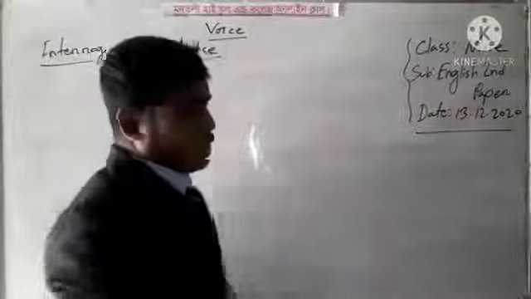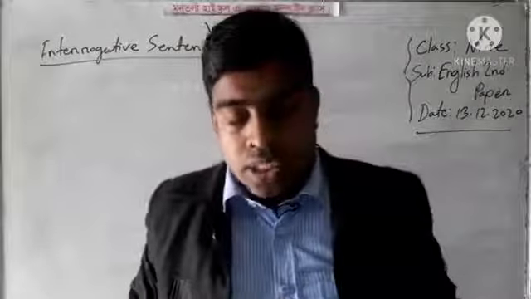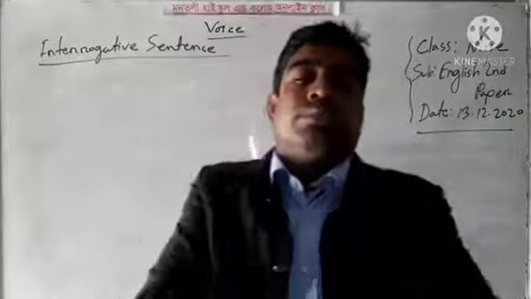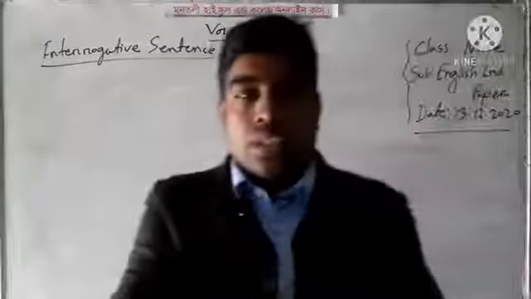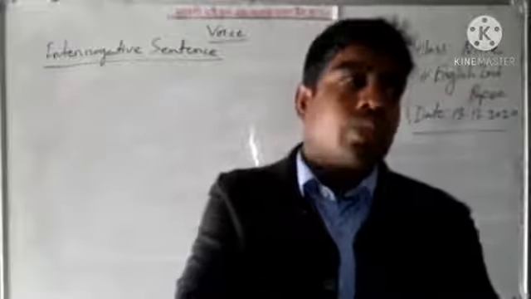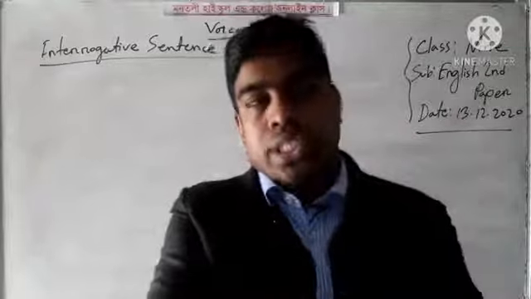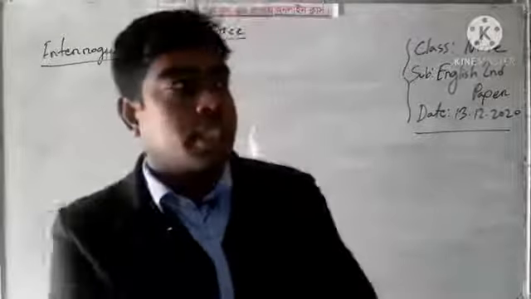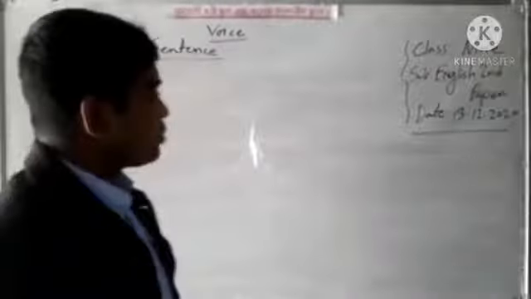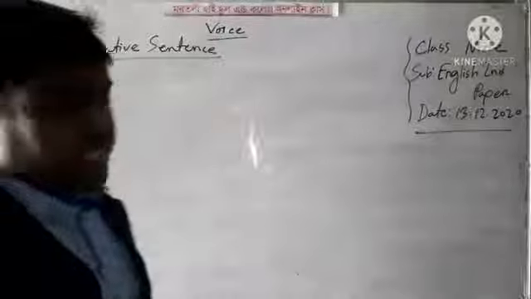Today I will discuss voice change of interrogative sentence. The sentence starts with an auxiliary verb. How can we change it into passive form? Now I am writing some tips.